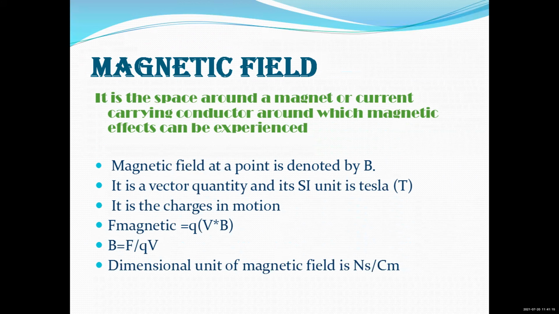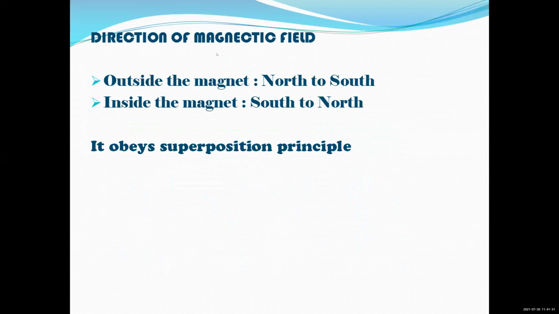For charges in motion, F equals Q into V cross B, and the magnetic field at a point is B equals F by QV. The dimensional unit of magnetic field is Ns by Cm. The direction of magnetic field outside the magnet is from north to south, and inside it is from south to north. It also obeys the superposition principle.